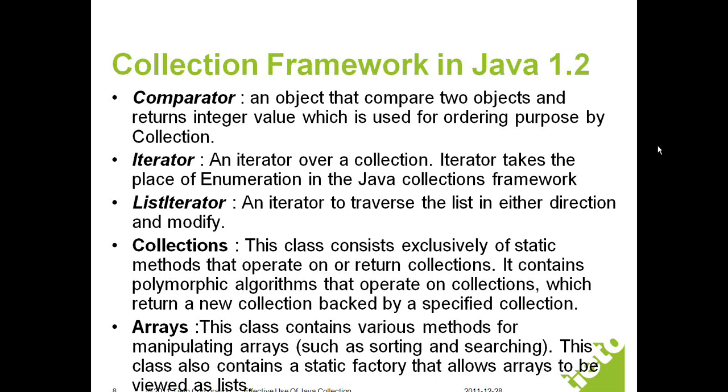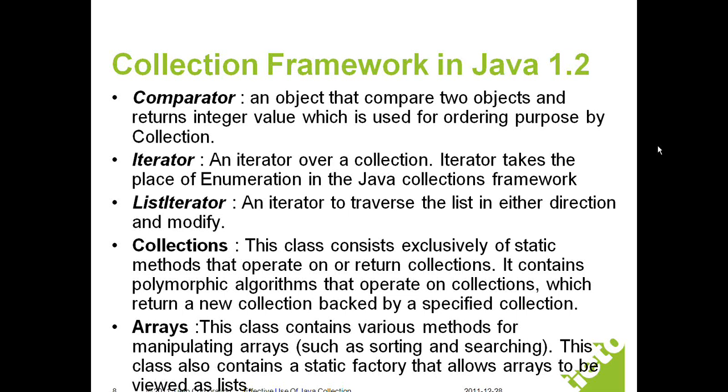But if you require a synchronized kind of collection, then Collections has a method which returns you the synchronized form of your ArrayList. Those kinds of methods are added in the Collections class. Similar is the case with Hashtable and HashMap. Hashtable is a synchronized mapping collection, whereas HashMap is an unsynchronized one.